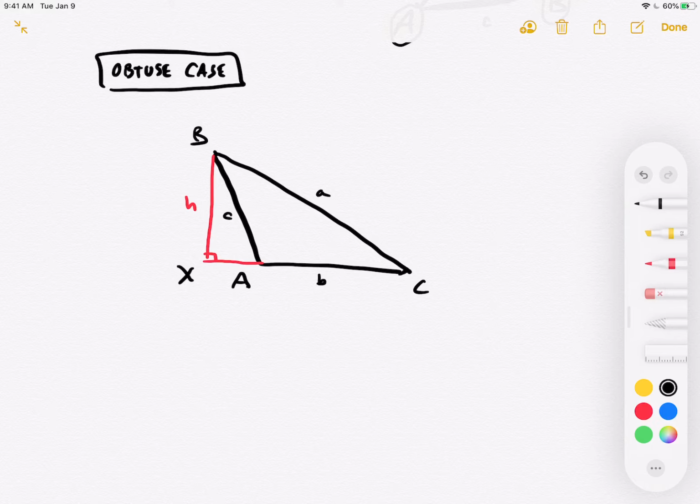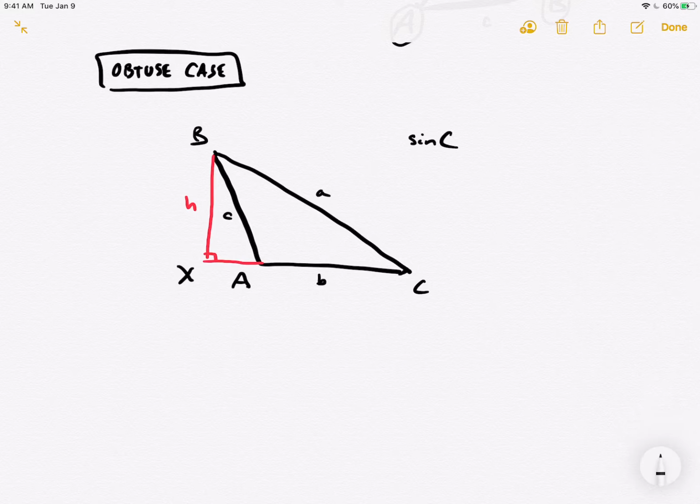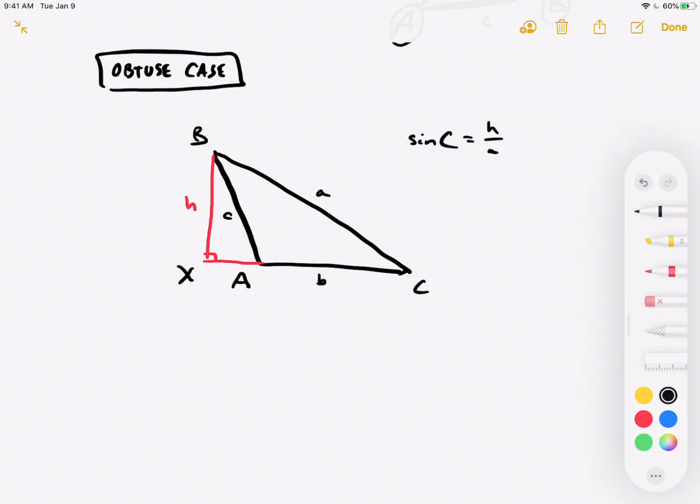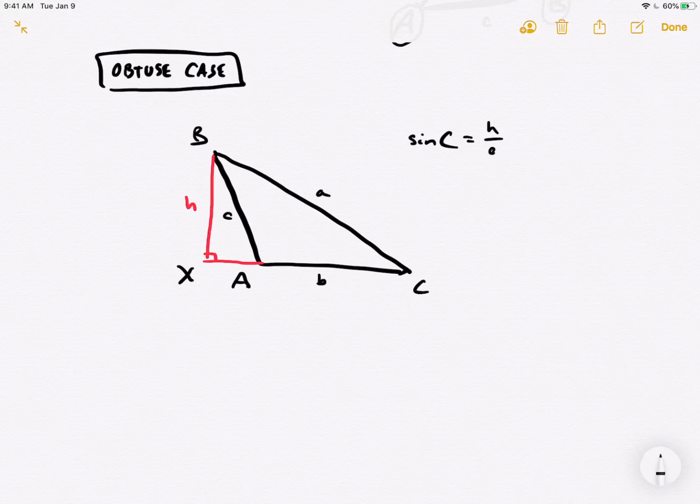So I can write two sine ratios using those right triangles. I could write that sine of C is equal to h over a. That sounds very familiar to the last time, so that h is equal to a sine C.